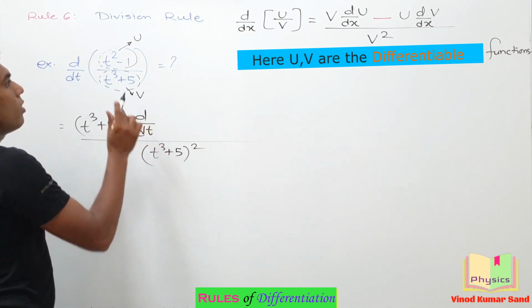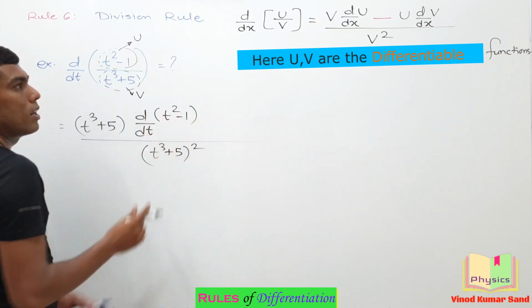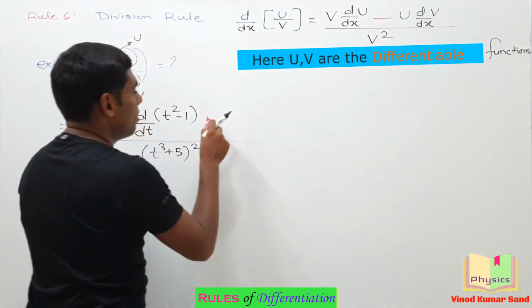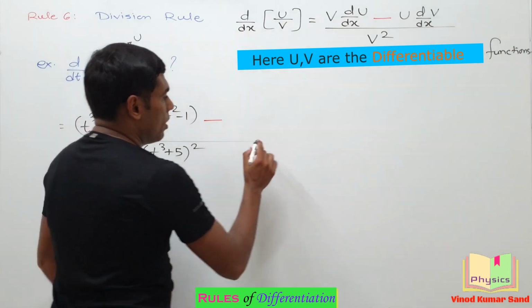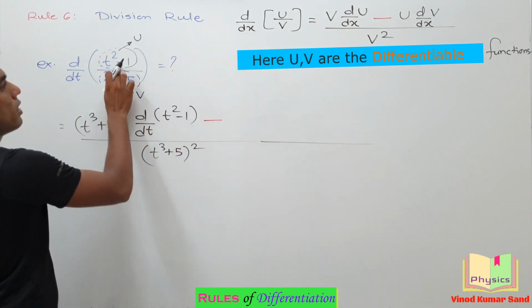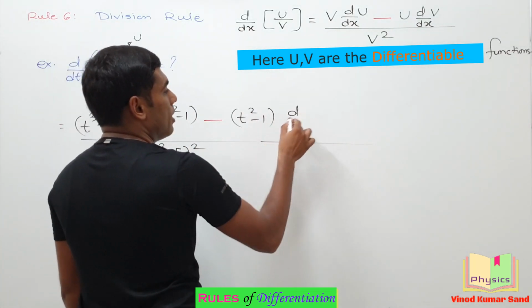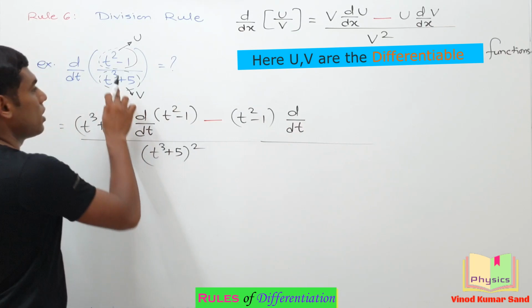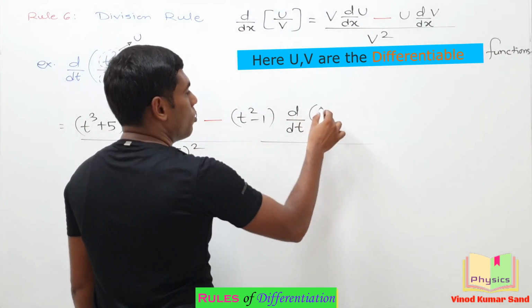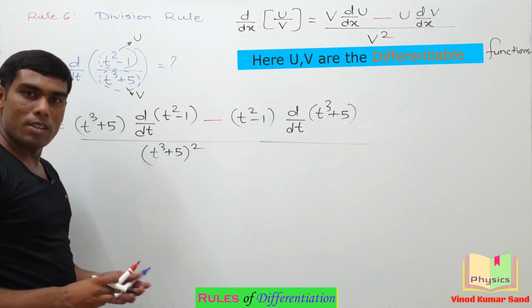D by dt of u is t square minus 1. Then there is a negative sign in the formula itself. Now keep the u outside, so t square minus 1 is kept outside, and d by dt of v is t cube plus 5. I hope you all have done in the similar way.